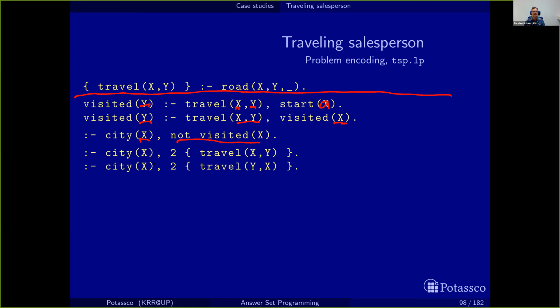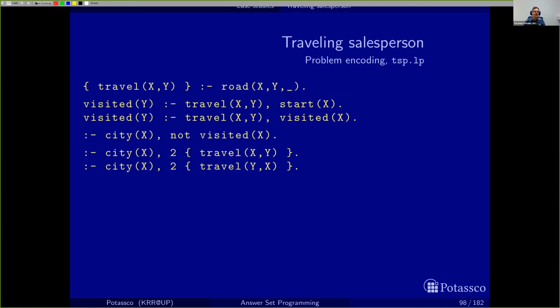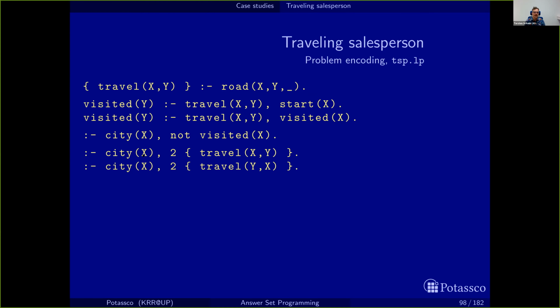And here this constraint says it cannot be that there is a city X where I exited twice or more. Because if I travel from, let's say I take city B, and now I look at all the solution candidates where I travel from B somewhere.